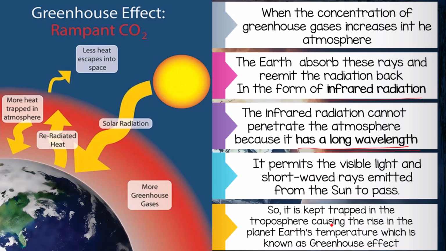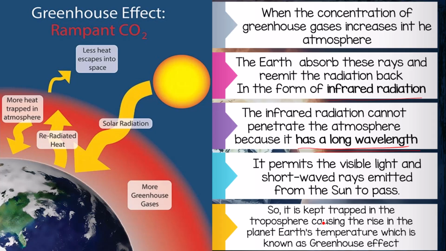And that's what is meant by the greenhouse effect. As we increase the amount of carbon dioxide and other greenhouse gases, the Earth absorbs the sunlight and heat coming from the sun during the day, and then it re-emits that heat as infrared radiation.